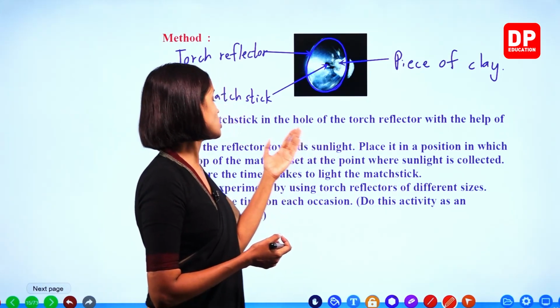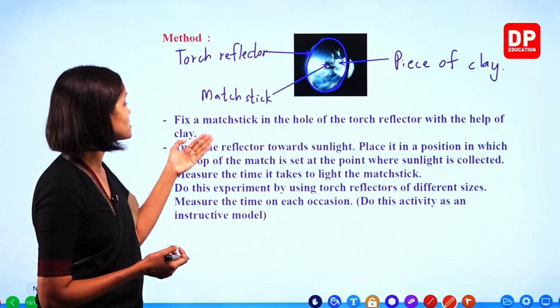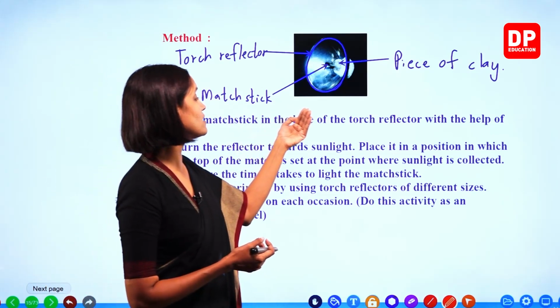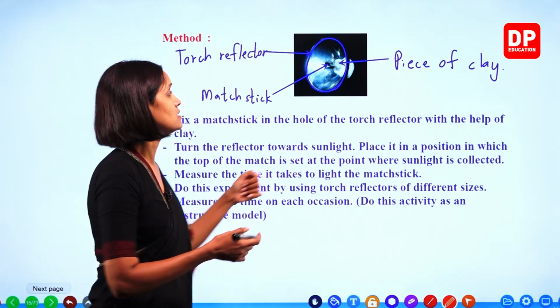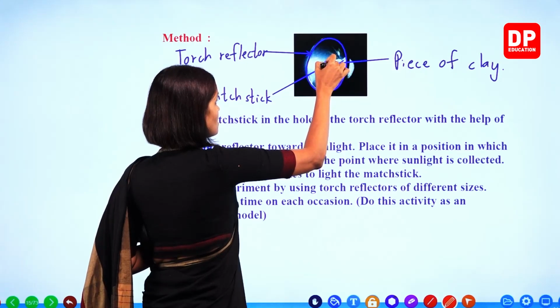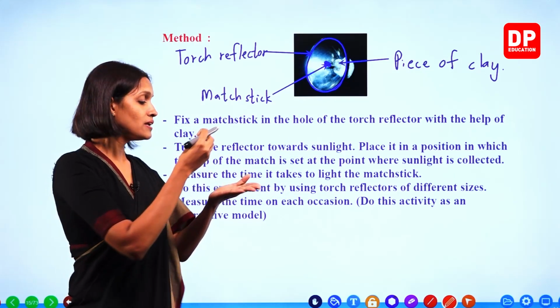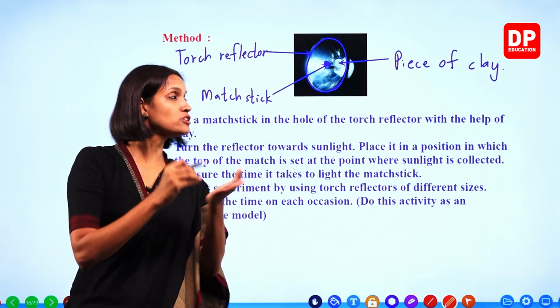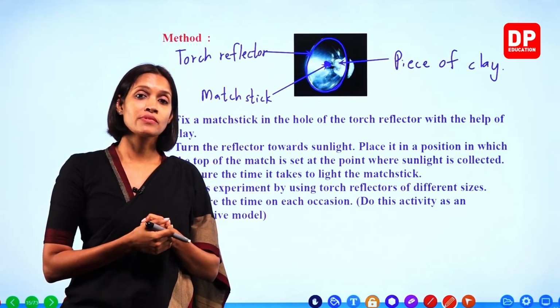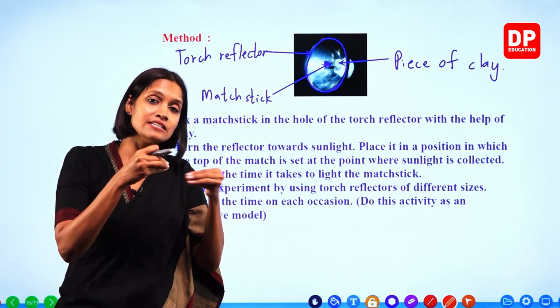Place it in a position in which the top of the match is set at the point where sunlight is collected. So the match head should be placed at the midpoint of this reflector, in the place where the sunlight is collected.